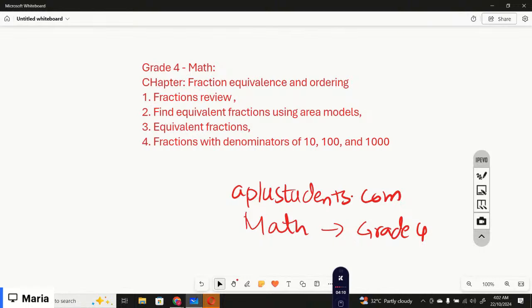The lessons we're going to cover today are fractions review, find equivalent fractions using area model, and equivalent fractions, fractions with denominators of 10, 100 and 1000.